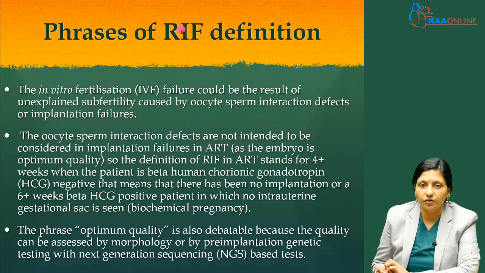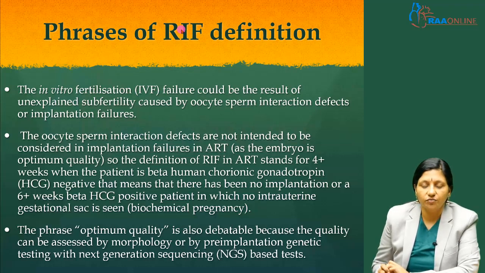We discussed the recurrent implantation failure definition. In vitro fertilization, IVF, failure could be the result of unexplained subfertility caused by oocyte-sperm interaction defects or implantation failures. The oocyte-sperm interaction defects are not intended to be considered in implantation failures in ART. As in the definition of implantation failure, we already mentioned that the embryo is of optimum quality.